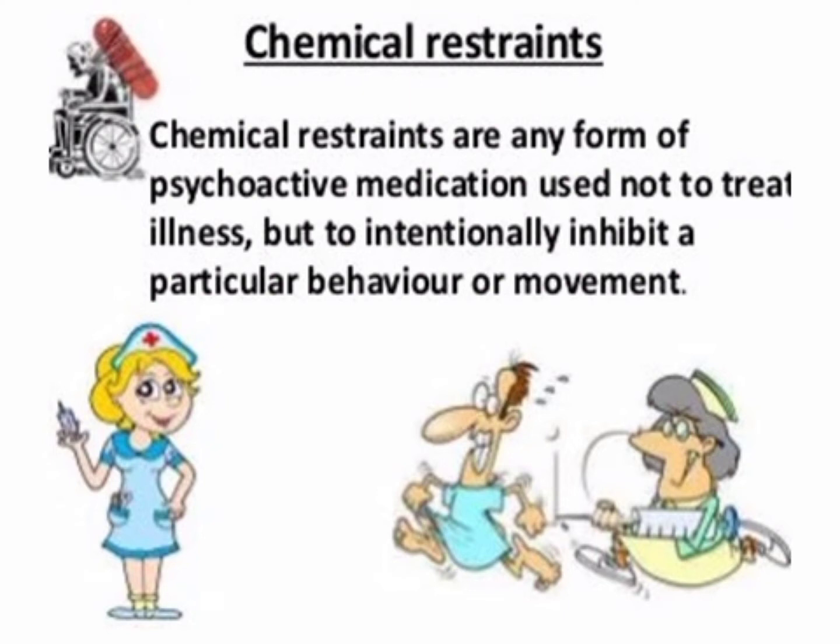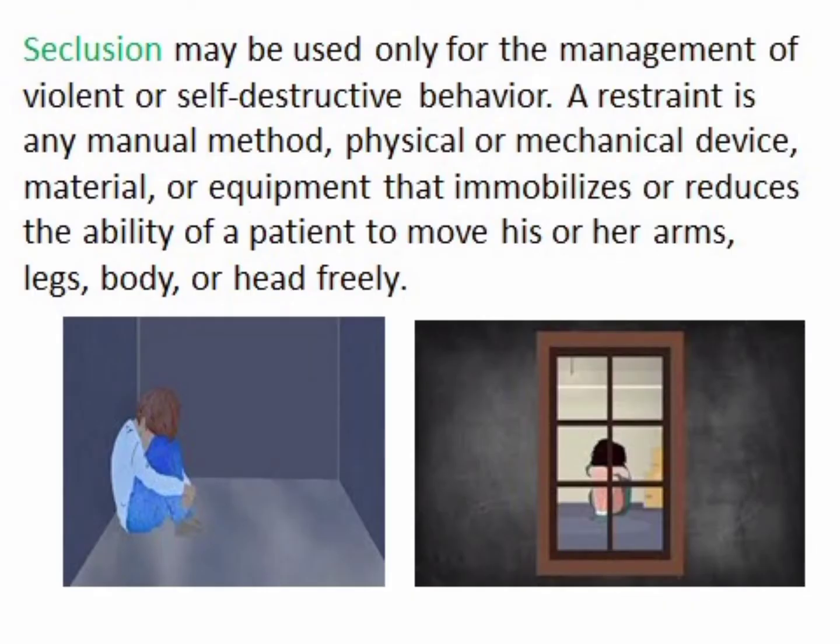So here we are injecting a medication to limit patient activity. The medications are not being given to treat the patient's disease, but we are using them to control patient mobility or activity. Okay, so this is another type of restraint by using medications. So that is chemical restraint.